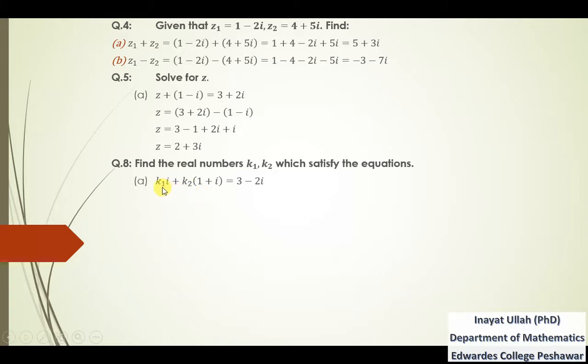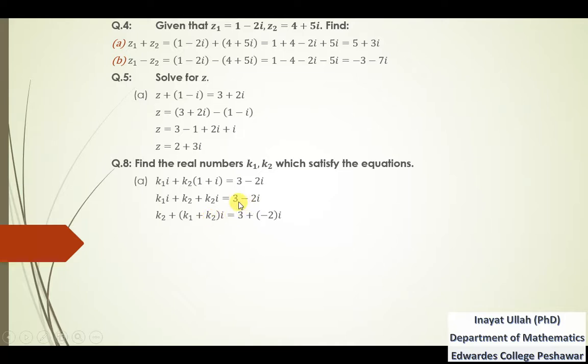First of all, we are going to rearrange this side to separate real and imaginary parts. We have multiplied k2 with 1, so that is k2, and k2 with iota is k2 iota. First of all we need to write this real part because iota is missing here, and taking iota from these two to get k1 plus k2 iota.